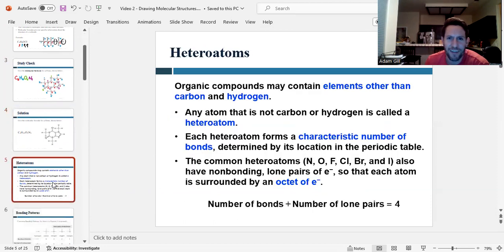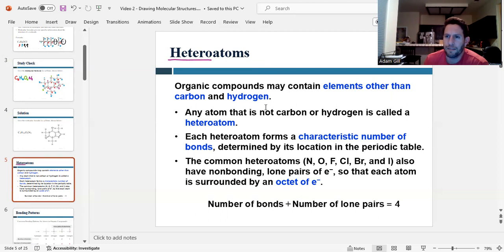All right. Now let's talk about heteroatoms. So what does the word hetero mean? Hetero means different, right? And so a heteroatom is any atom that's not carbon or hydrogen. So typically heteroatoms are nitrogen, oxygen, fluorine, chlorine, bromine, or iodine, maybe sulfur or phosphorus, anything that's not carbon and hydrogen.